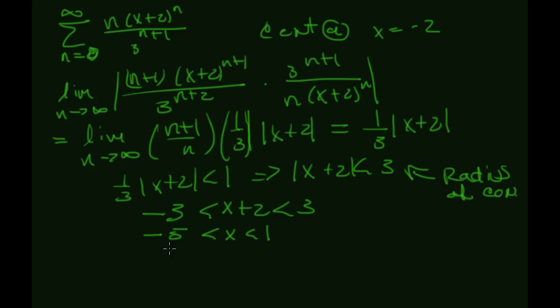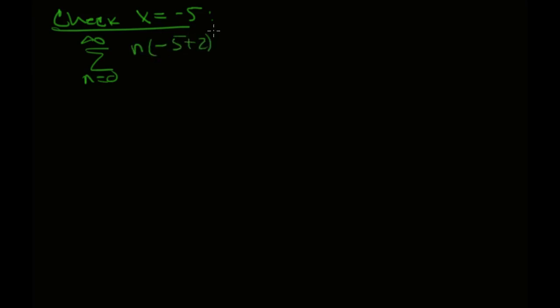But now I have to check the endpoints. I have to check negative 5 and I have to check 1 to get the interval of convergence. All right, so let's see what happens there. Let's check when x is negative 5. That's the sum from n equals 0 to infinity of n times (negative 5 plus 2) to the n over 3 to the n plus 1.